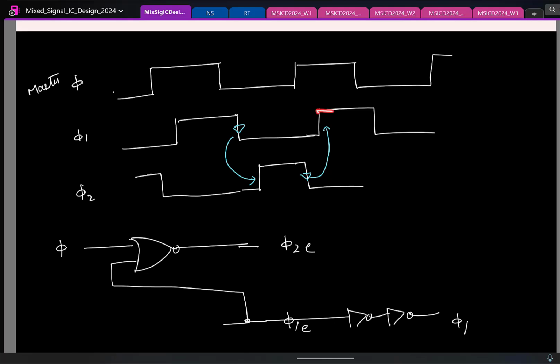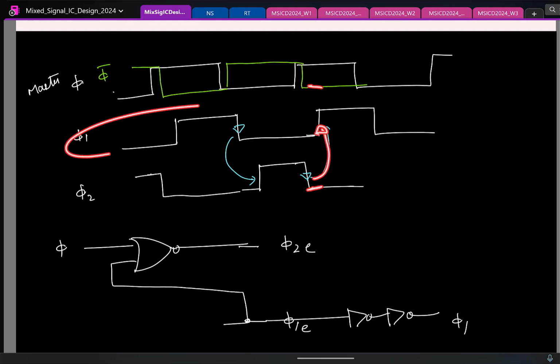Look at phi 1. Phi 1 is going high when phi is high and when phi 2 goes low. Correct? Only when this goes low and this is high, it is happening. And the clock phi being active can be thought of as phi bar being low. So let us say you generate phi bar, some delay is there. If I view the situation this way, when phi bar is low and when phi 2 is low is when I make phi 1 high.